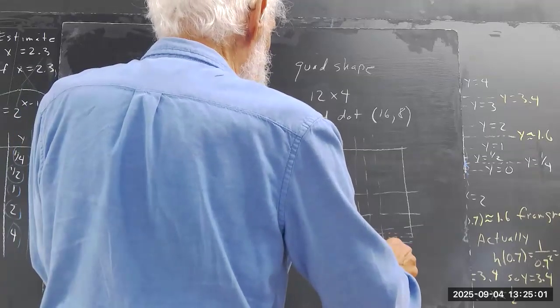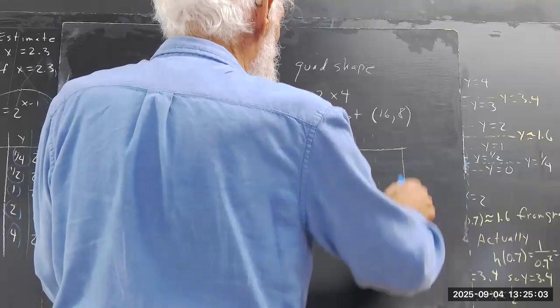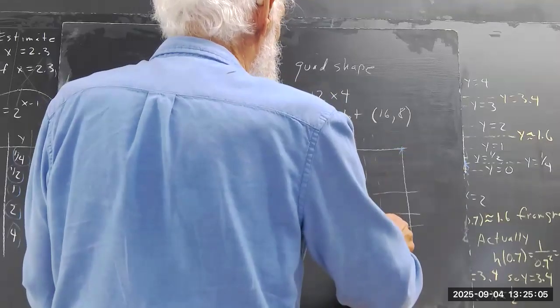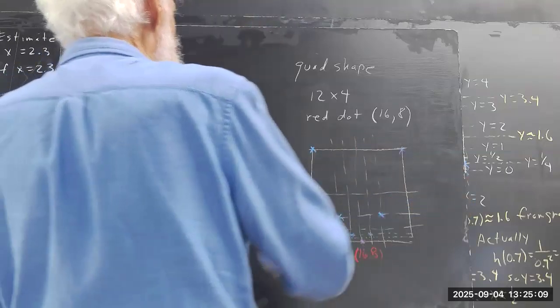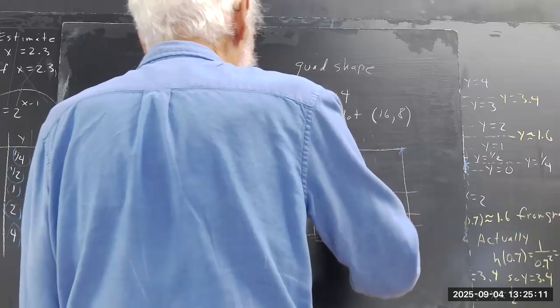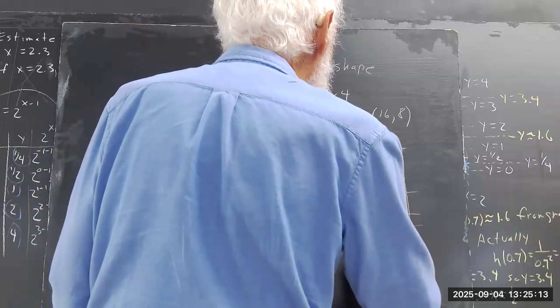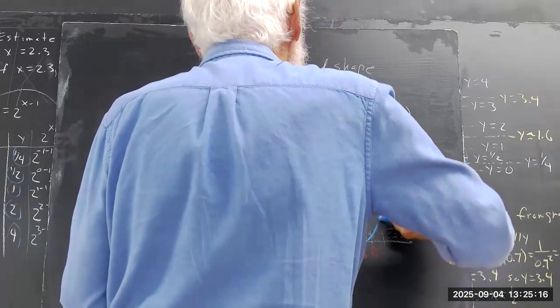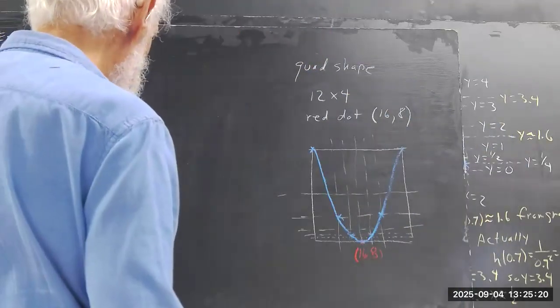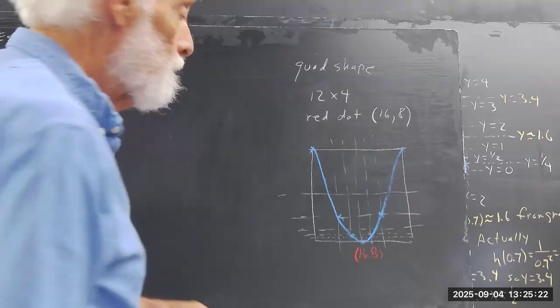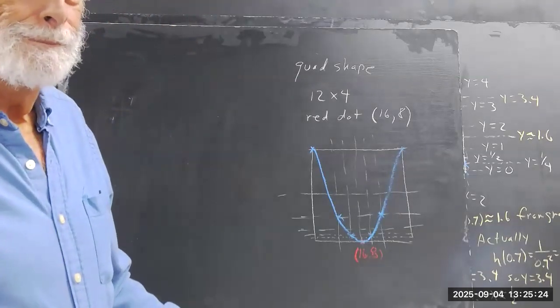Then over 1, up 2, three times, so that the graph is completely symmetric from left to right. And you sketch the curve, which is called a parabola. Fair enough?